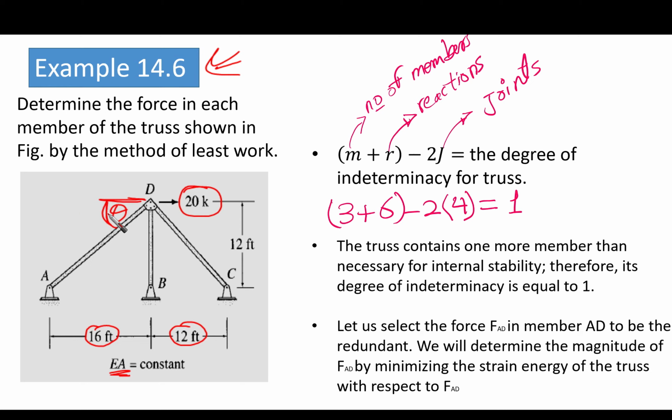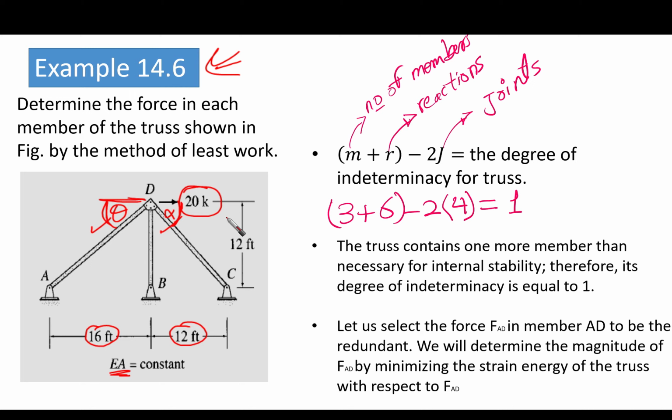Sine theta is going to be 12 over AD distance, or tan theta is going to be 12 over 16. And here we have another angle, let's call it alpha, between the horizontal and member BC. We can also obtain alpha easily: it is going to be 12 over 12. So the dimensions, the configuration and the angles of the geometry are available for us.